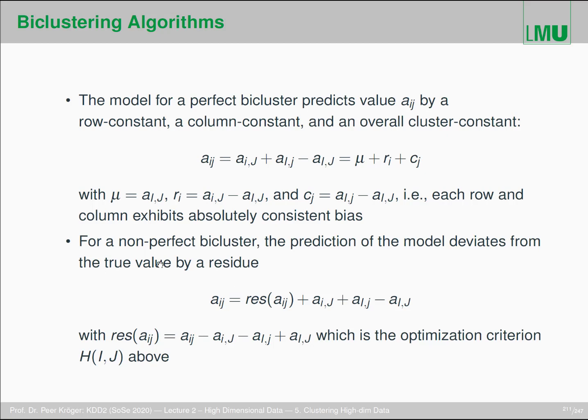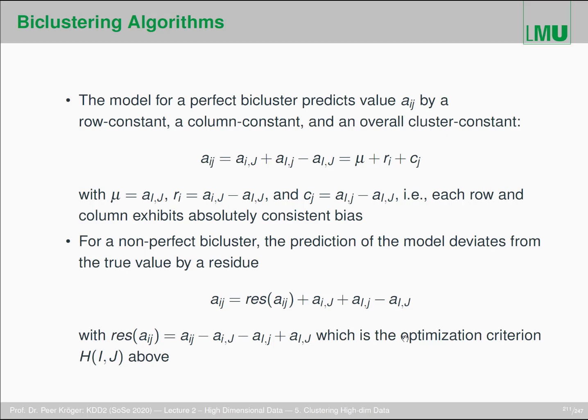And for a non-perfect bi-cluster, the prediction of the model deviates, obviously, because it's non-perfect, and the prediction of this value here deviates from the true value by some residue, by some error term. This is the error term here, and we can use this residue to optimize for.